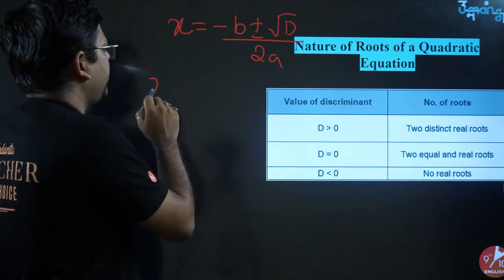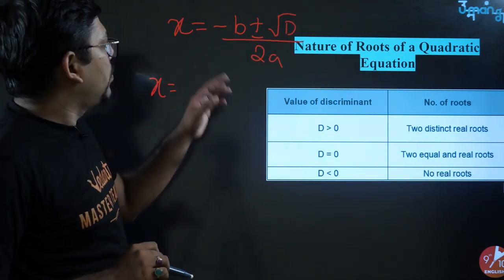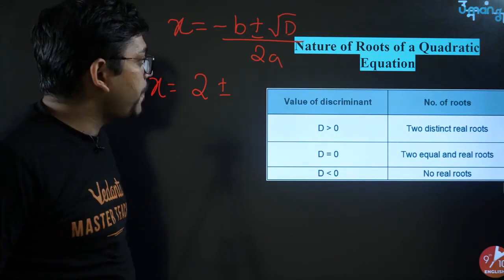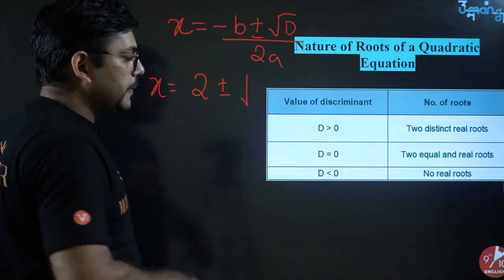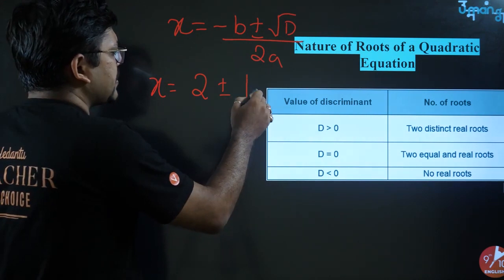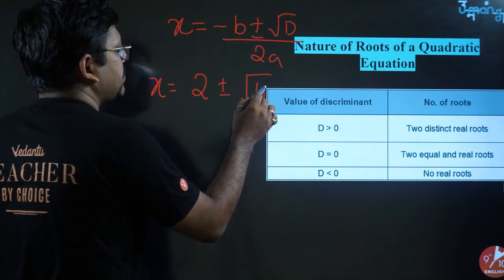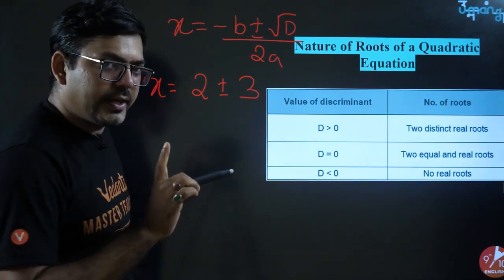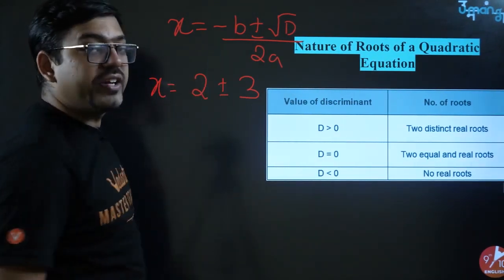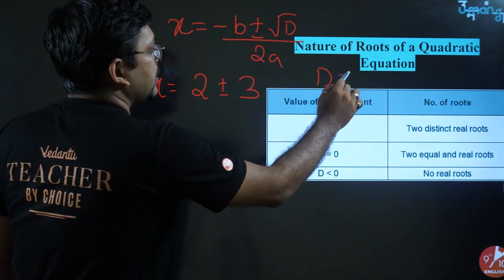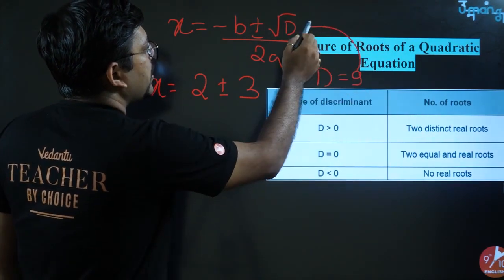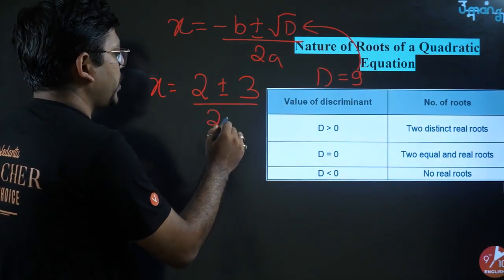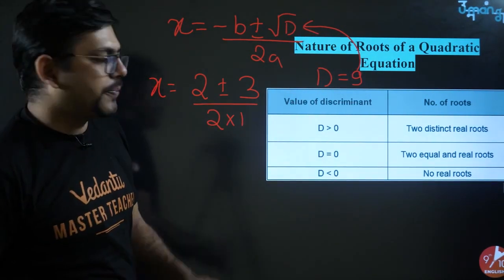Say for example I got x equals, with the value of minus b being 2, plus minus root D. Say this is root 4 or say root 9. If you write root 9, it comes out as 3. So here the value of D is 9, and once you put D equals 9, root 9 became 3, and thereafter you have 2a. Let's say a is 1.